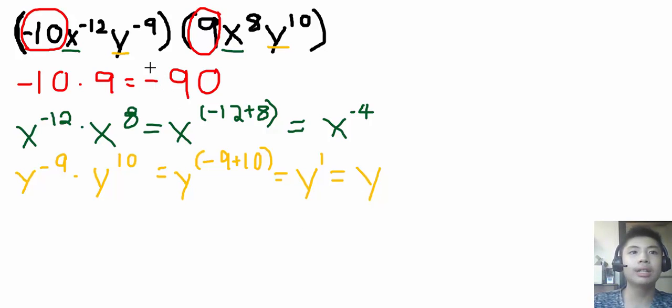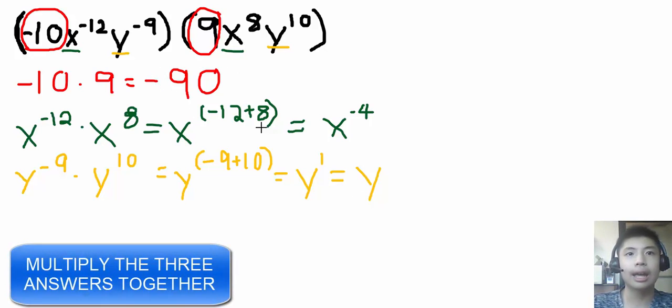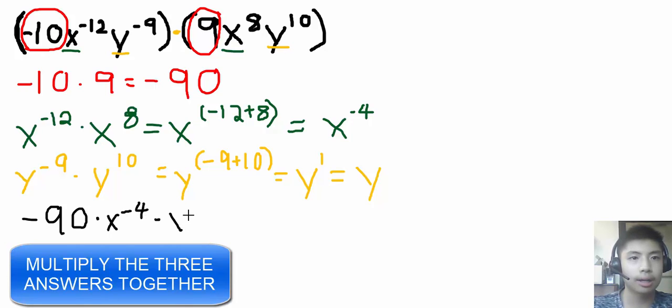Now we have our three different answers. Since the operation here is multiplication, we are going to need to multiply our three answers. Once we put that together, we get -90 times x to the -4th times y.